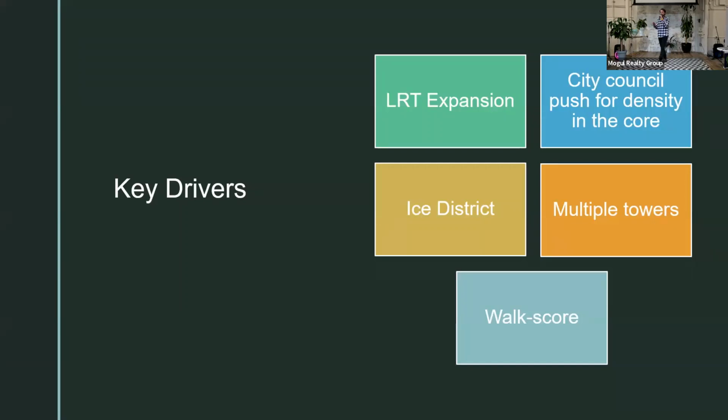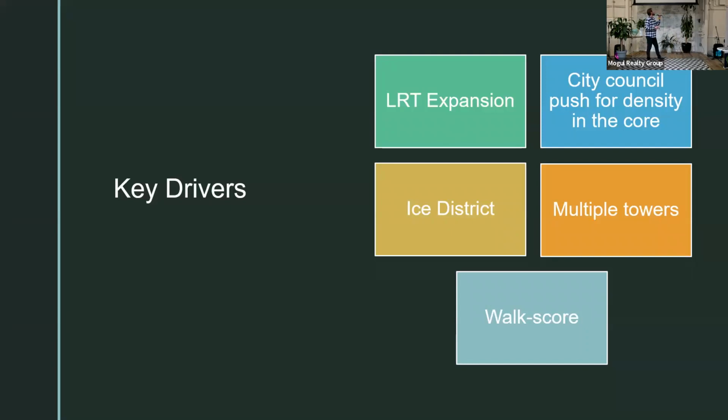What they found was you typically appreciate 8 to 12% over and above within the first 2 years of operation. So that's why a lot of people are going in and around the LRT, usually in about an 800-meter radius is what they said.